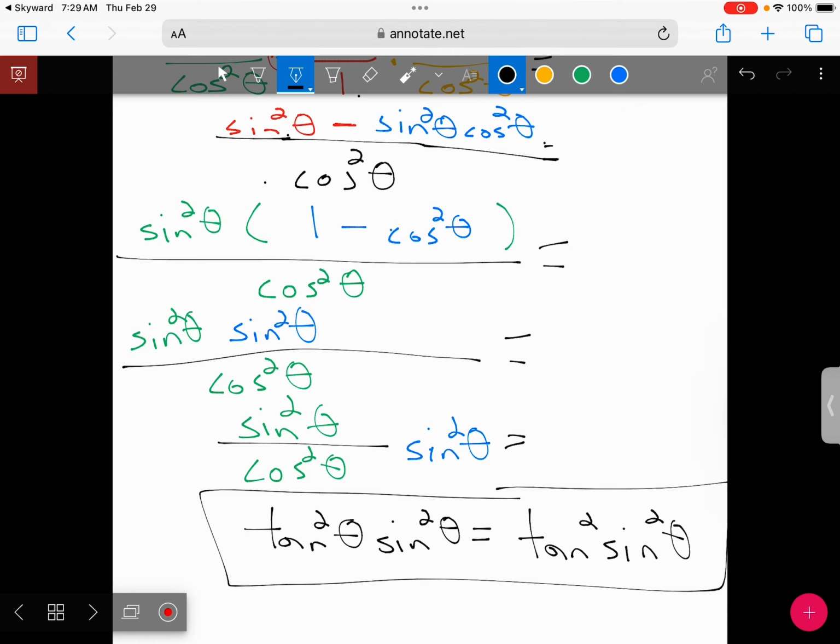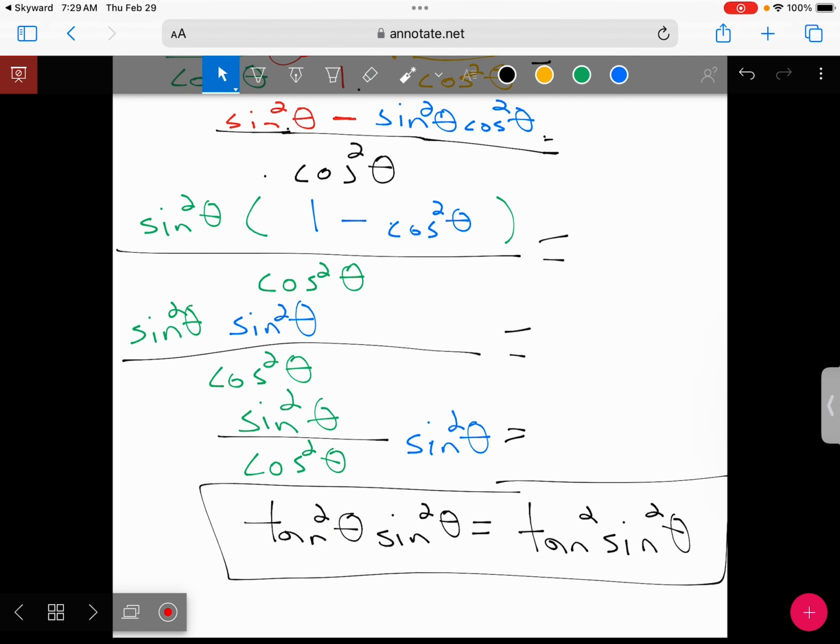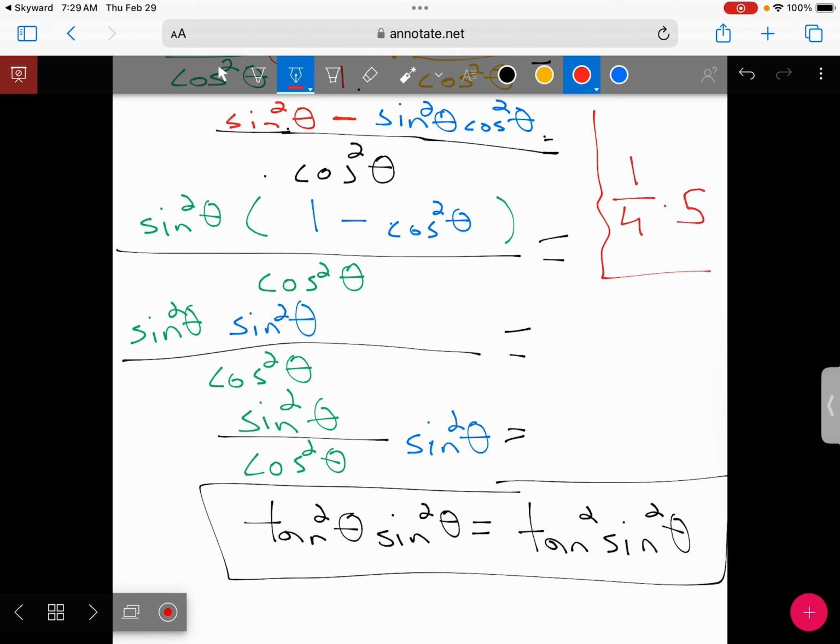One tip that I have. Yes. You can do that. And the reason you can do that is, let's do some work on the side. What is 1/4 times 5? 5/4.